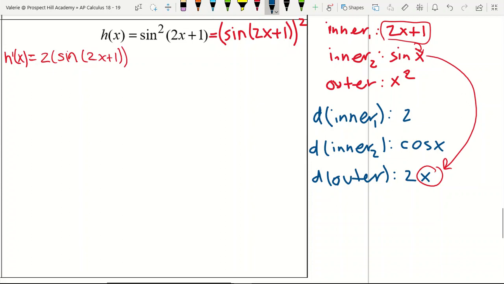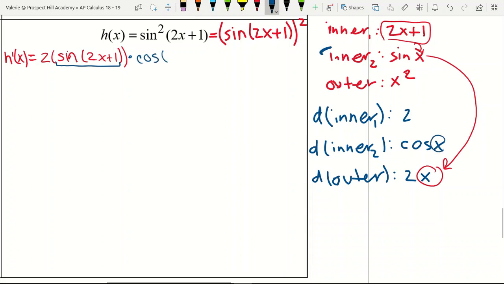Next, we need to multiply it by the derivative of our inner second function, sorry, which is cosine.